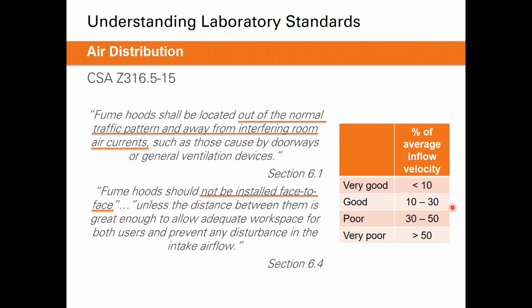So if we have a fume hood that has a set point of 100 feet per minute and we have less than 30 feet per minute of cross draft, that means that we should have good performance on that fume hood. As we start to increase the velocity above 30 feet per minute, we start to see that performance degrade and potentially see airflow coming back out of the fume hood.